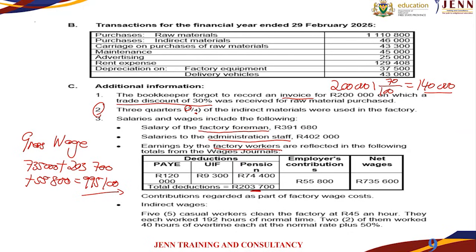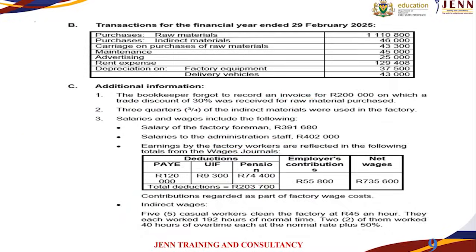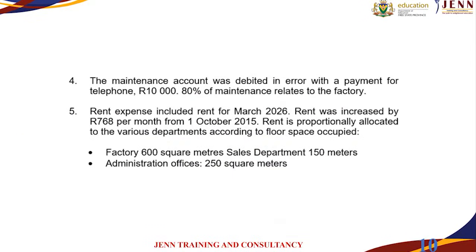Now, when we go to our information here, number 3 has nothing to do with maintenance, but number 4 says the maintenance account was debited in error with the payment for telephone, 10,000. And then it says again, 80% of maintenance relate to the factory.